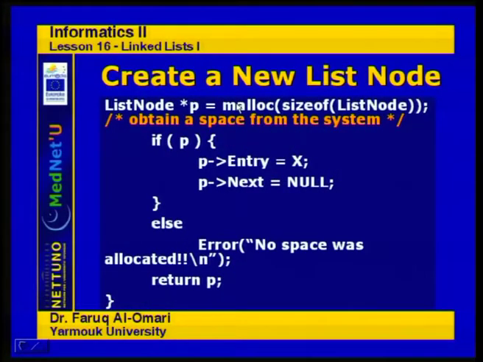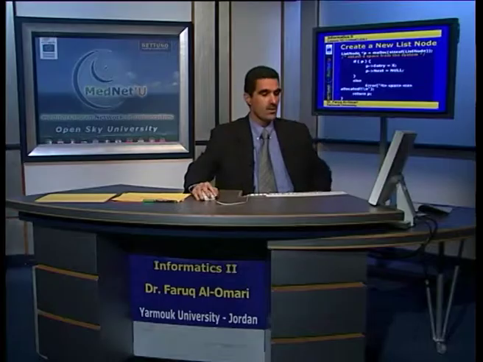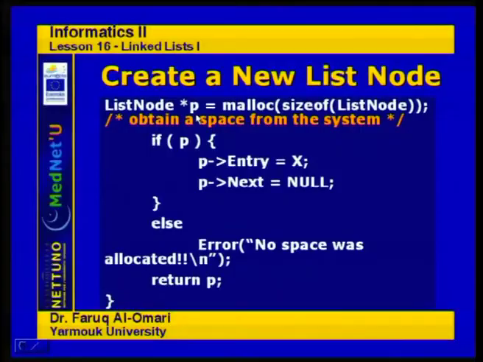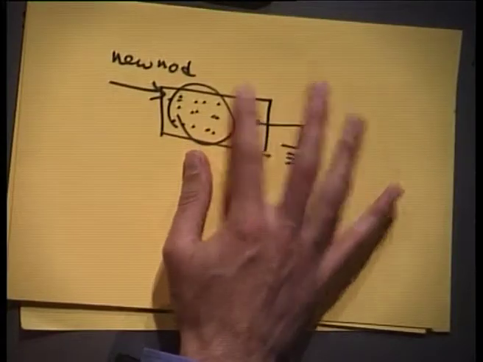The first thing I'm going to do, I need to allocate memory. So I'm defining a local variable P of type pointer to a list node. And I'm using the malloc function again, trying at least to allocate a space of this size, the size of the list node, this big of a space.